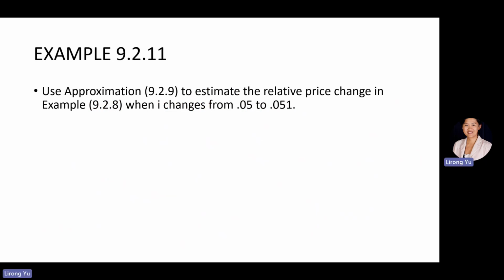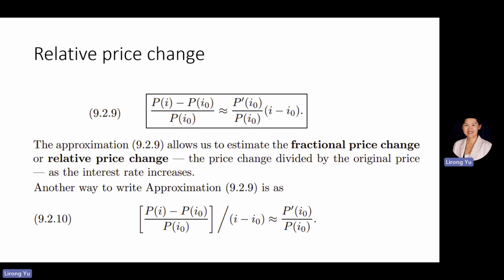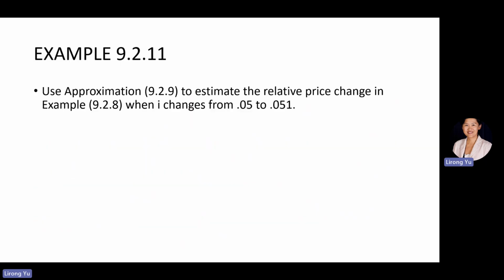So what we were doing, the last example was 9.2.8. So the next example, we're going to use the formula 9.2.9 to approximate the change of the price from i equal to 0.05 to i equal to 0.051.